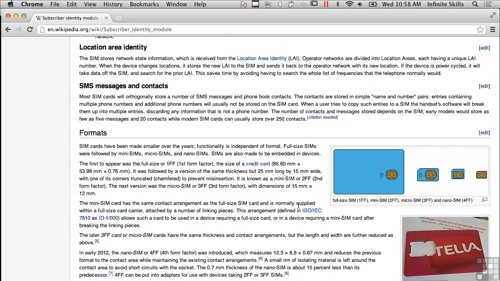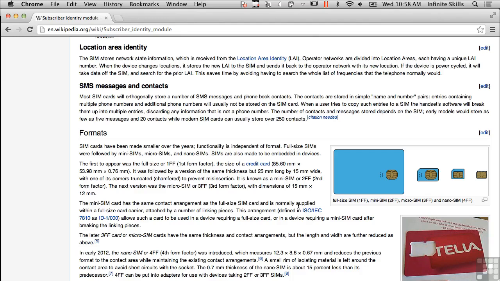So again, there are some pieces of information that you may find really useful or interesting that could be stored on a SIM card. And as I mentioned, there are a few different form factors. So we've got the full-size SIM, a mini SIM, a micro SIM, and there's also a nano SIM.